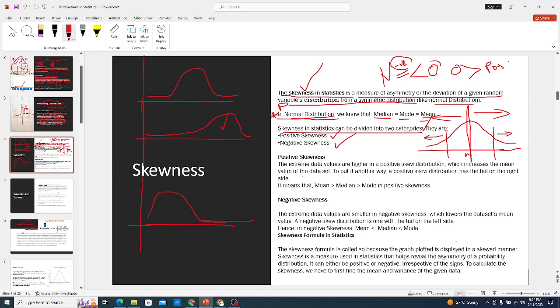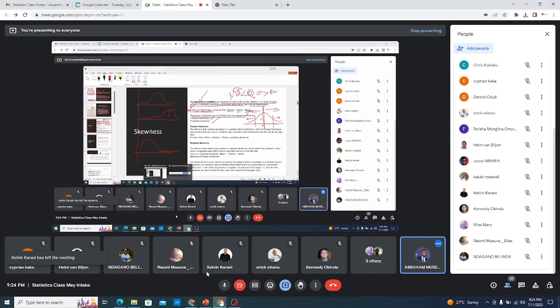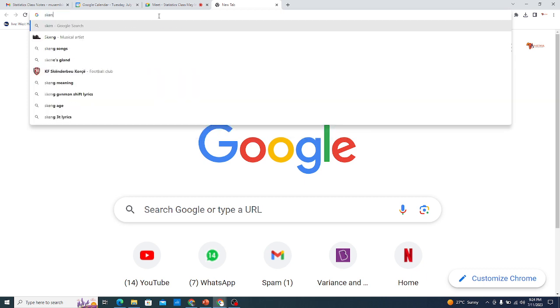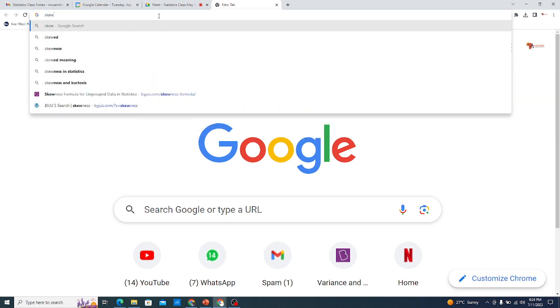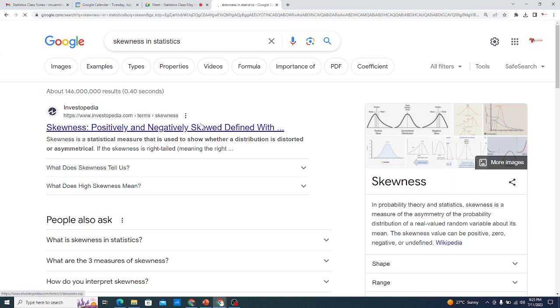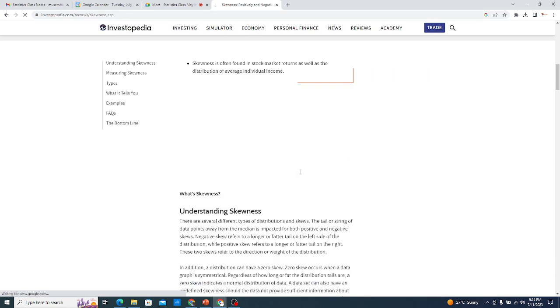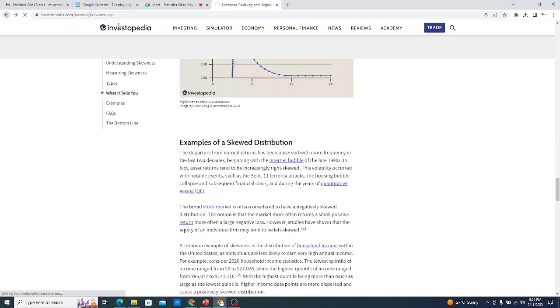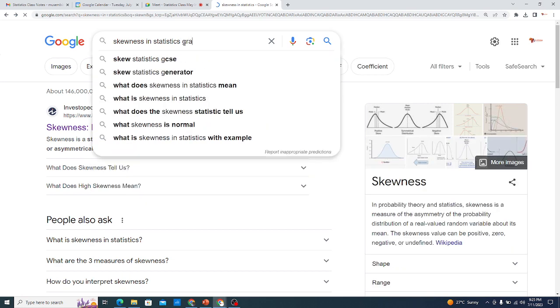When the skewness is zero, then we term that distribution as a standard normal distribution. Like for example, let me try to show you skewness graphs.